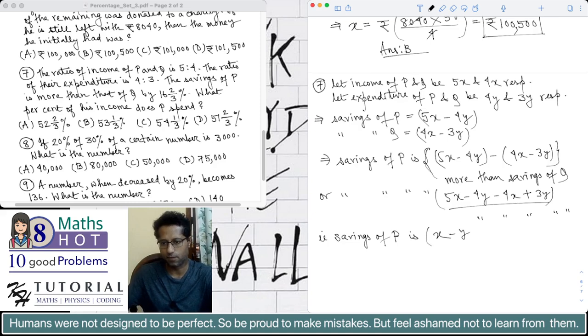So x minus y. So savings of P is x minus y more than savings of Q.